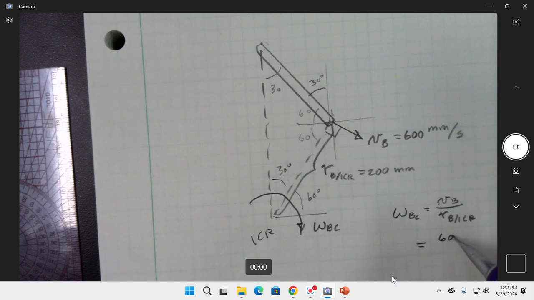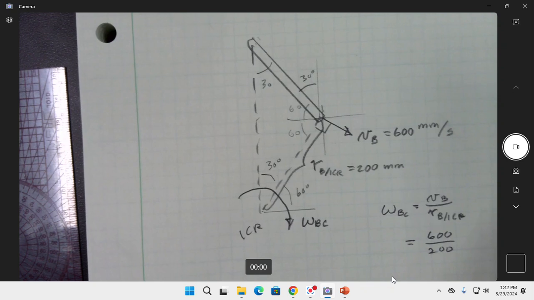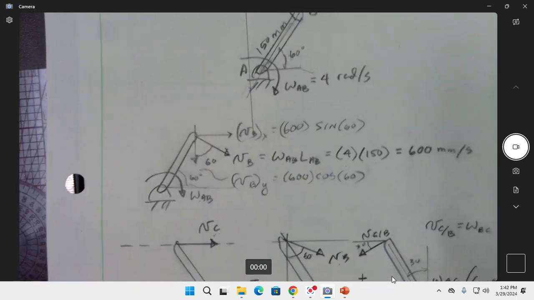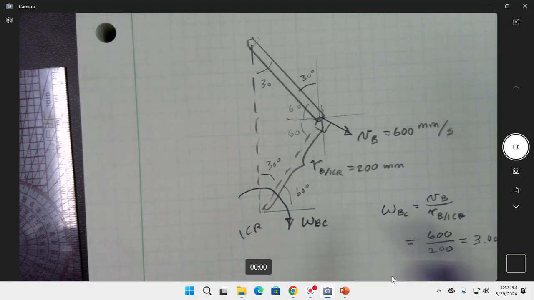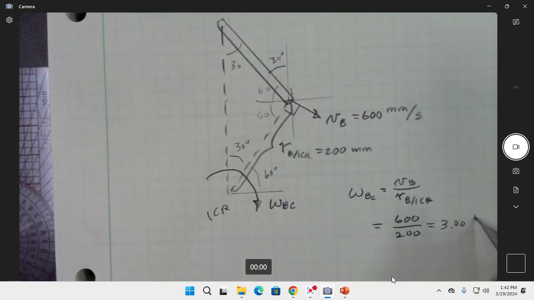So 600 over 200. And kind of nice, we can confirm we got the same thing. We also notice that it's clockwise. It's going to be radians per second.